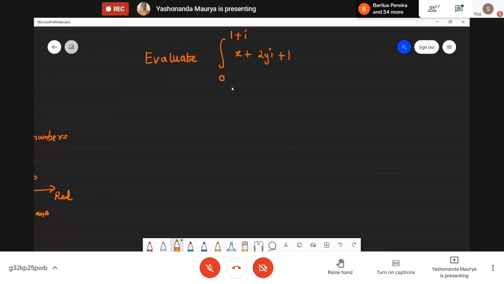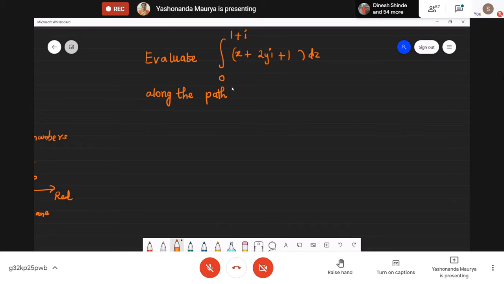Okay, along the path. Now actually, as we have seen, there are many paths available for moving from one point to the other point.